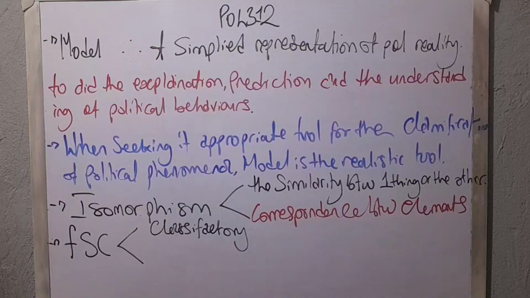When we begin to talk about the classification of political actions, political systems, or political institutions, what are we simply doing? We are using the function of what is called a concept. Are we together? So we have that.